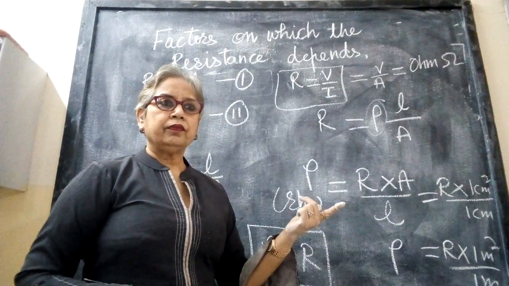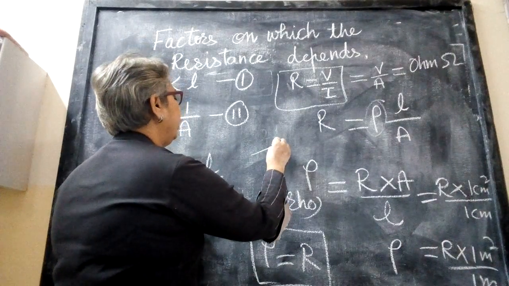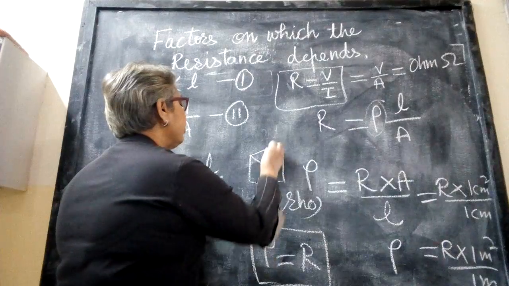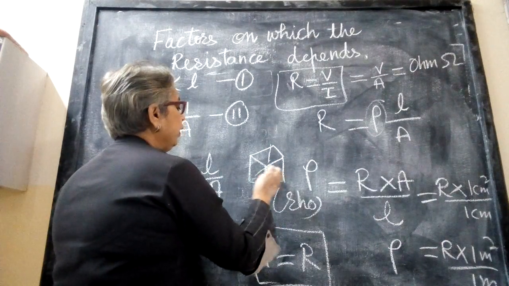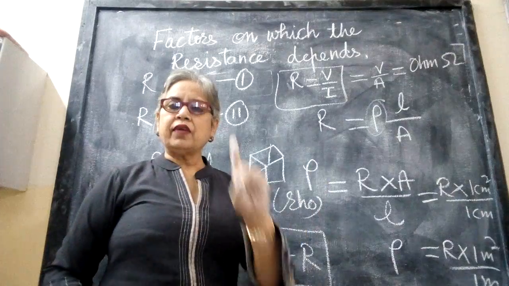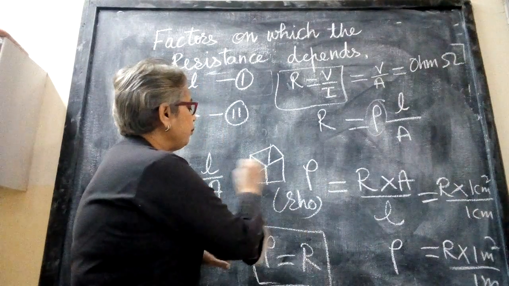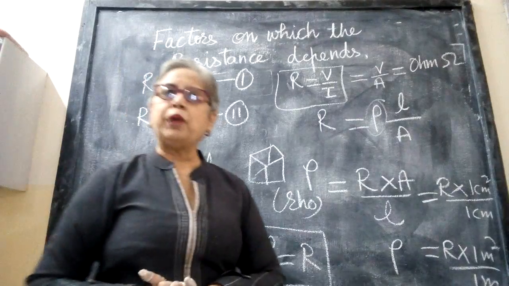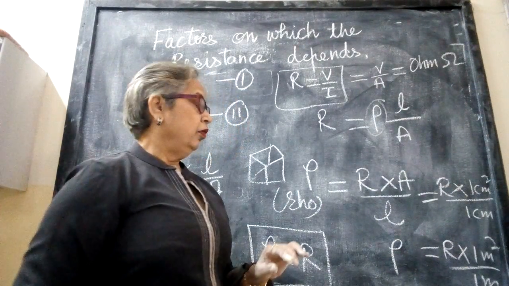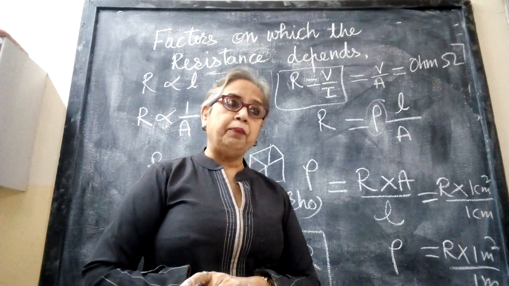Okay. In other words, we can also define resistivity as the resistance offered by a cube of a material with side unit, right, when the current is flowing perpendicular to its parallel surface. Okay. Now, the factors on which the resistivity will depend.